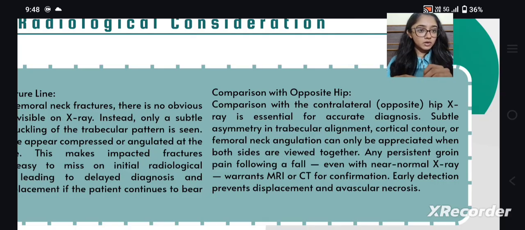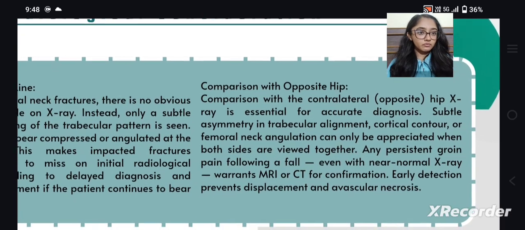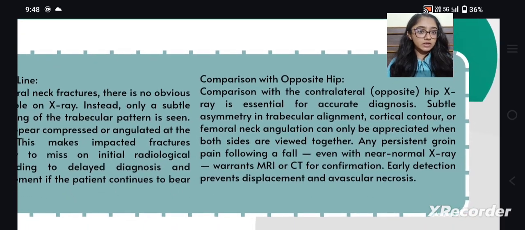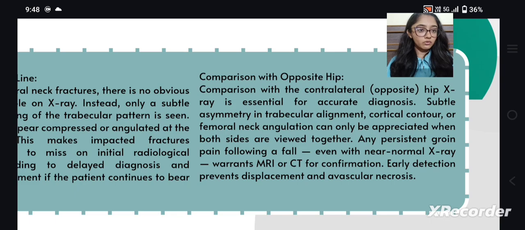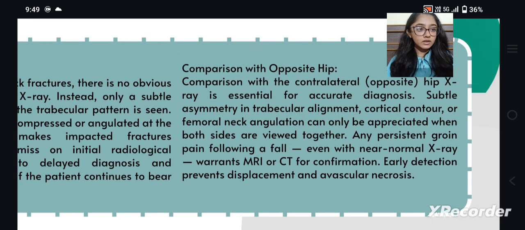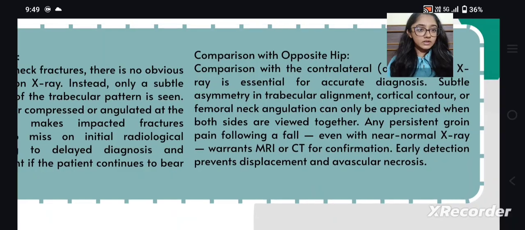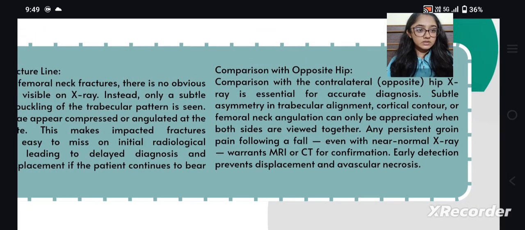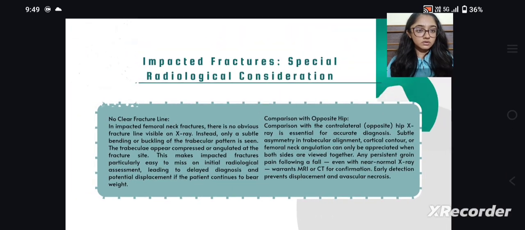Any persistent groin pain following a fall, even with a near normal X-ray, warrants MRI or CT for confirmation. So if it's still doubtful, we can go for MRI or CT in the end. Early detection prevents displacement and avascular necrosis.